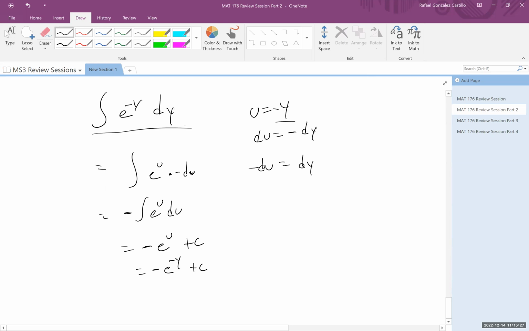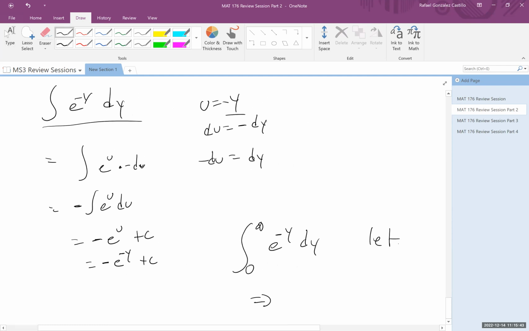Now, when we go to solve the improper integral from 0 to infinity of e to the negative y dy, we could again let b be infinity, rather.